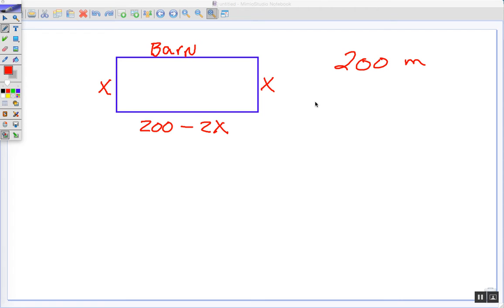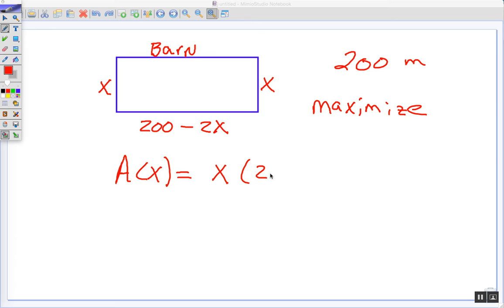And we're looking to maximize the area. So we want the biggest possible fence that we can create out of 200 meters of fencing. So how do you find the area of a rectangle? Just length times width. So area as a function of x is equal to x times 200 minus 2x.